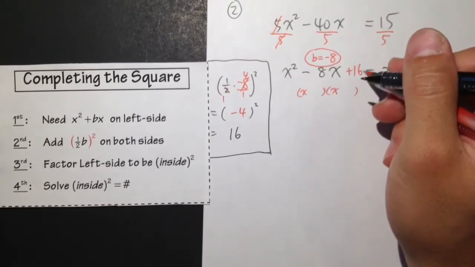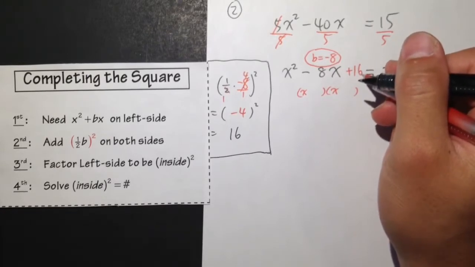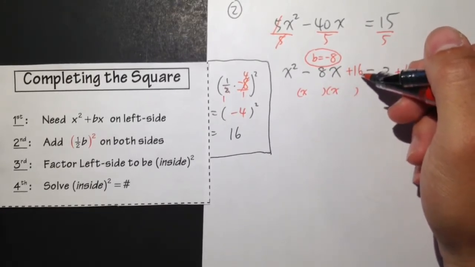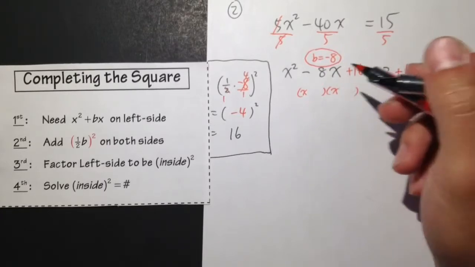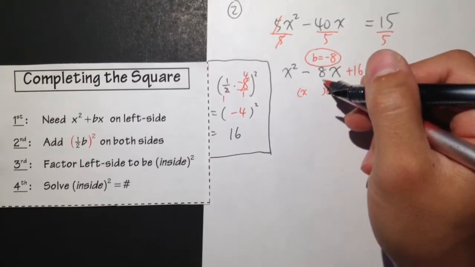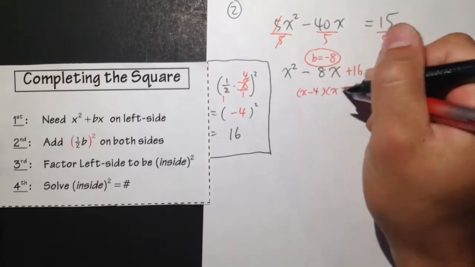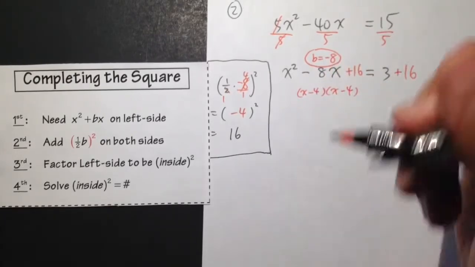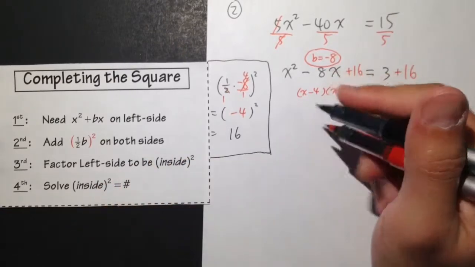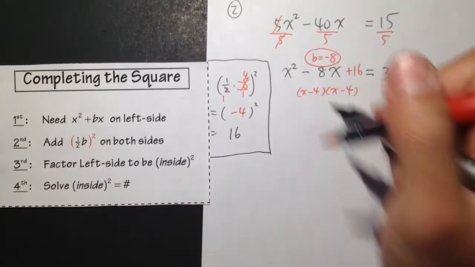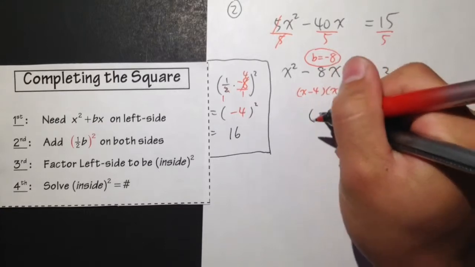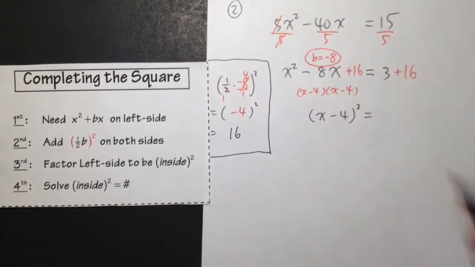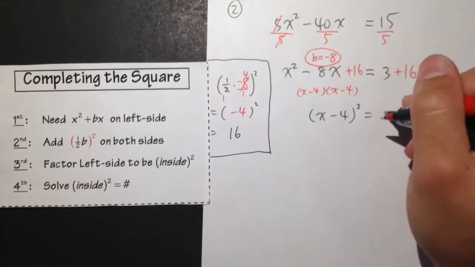And to break down positive 16, thinking about two numbers to multiply to get 16, we can do 4 and 4. That wouldn't be negative 8 though. So we need negative 4 here and negative 4 right there. Just as advertised, as I promised here, I have two factors, they are the same. So here I can actually write this as x minus 4 squared equals to 3 plus 16, which is 19.